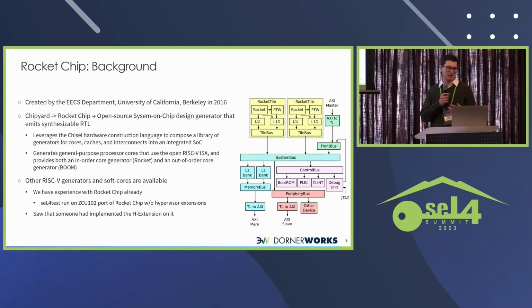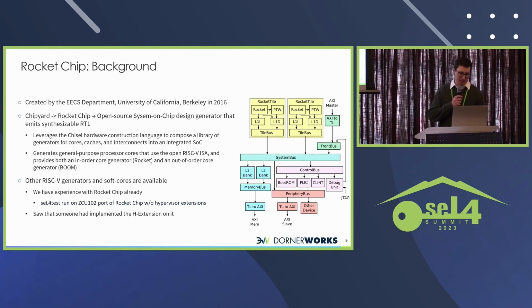It emits synthesizable RTL, which means you can import that into different tools that allow you to integrate it on an FPGA and hook it up to other things, whether that's real life SoCs that are on the same board, or whether that is through other PL devices that you want to instantiate on that FPGA fabric.